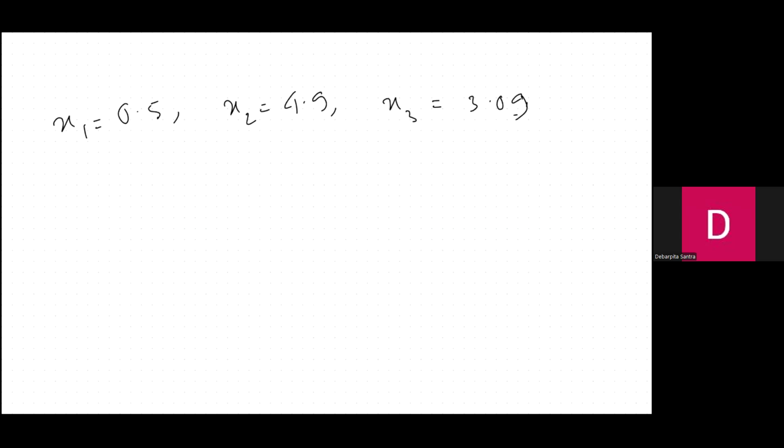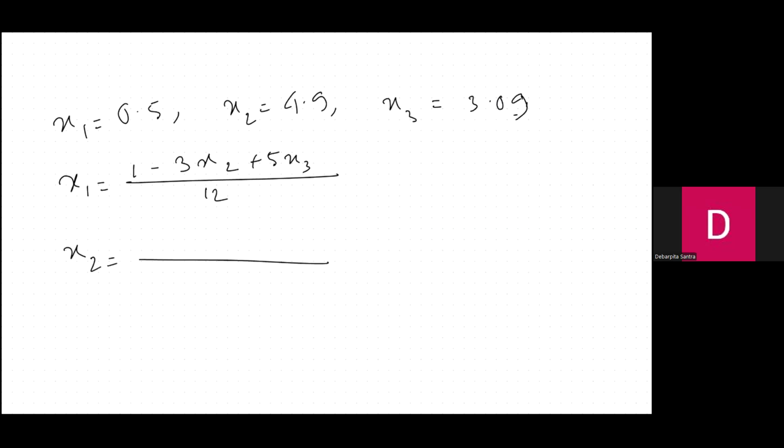Now, in the same equations: x1 is 1 minus 3x2 plus 5x3 divided by 12. x2 is 28 minus x1 minus 3x3 divided by 5. x3 is 76 minus 3x1 minus 7x2 divided by 13.